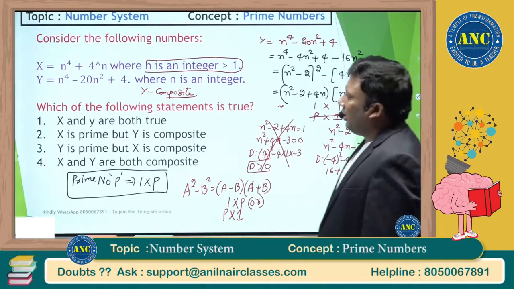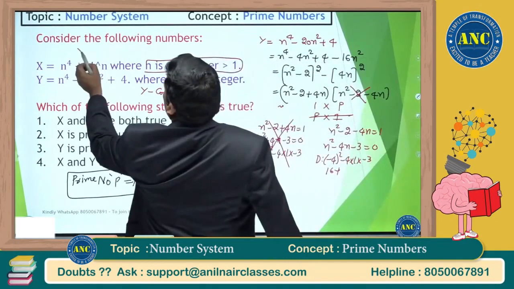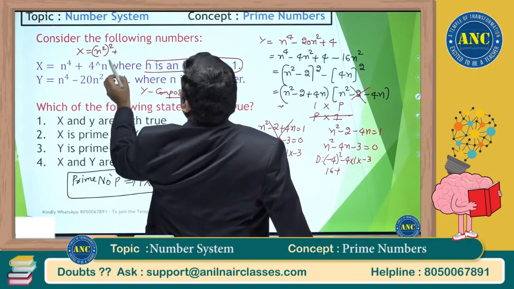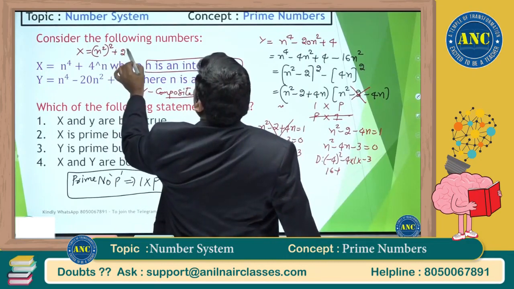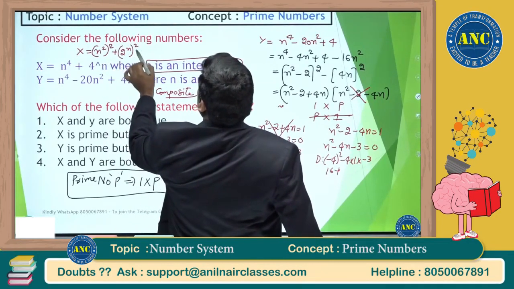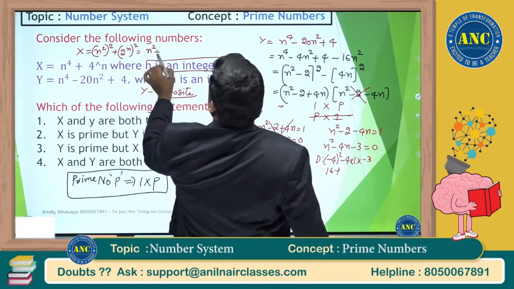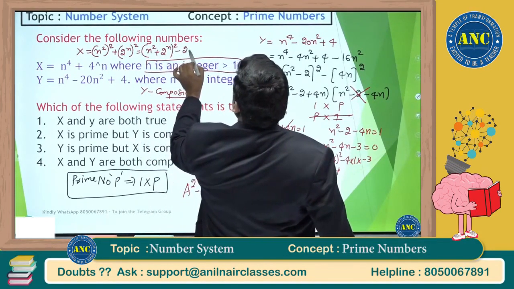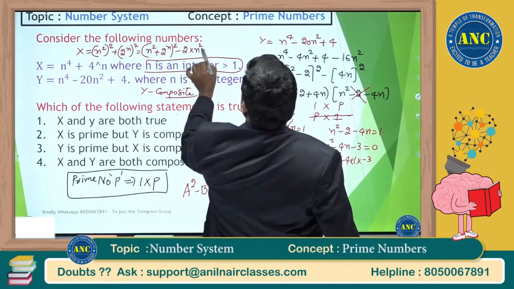So similarly, x is n power 4, which is n square whole square, plus 4 power n, which is 2 power n whole square. A square plus b square is a plus b whole square minus 2ab.